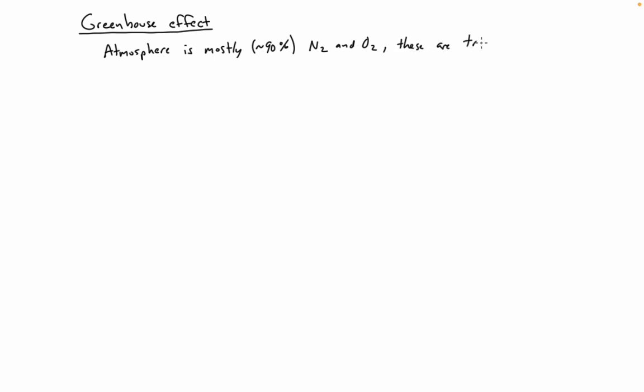These are transparent to electromagnetic waves. Just like visible light, when it goes through clear glass, it comes out the other side just as bright. The glass doesn't warm up. That's what we mean by transparent.